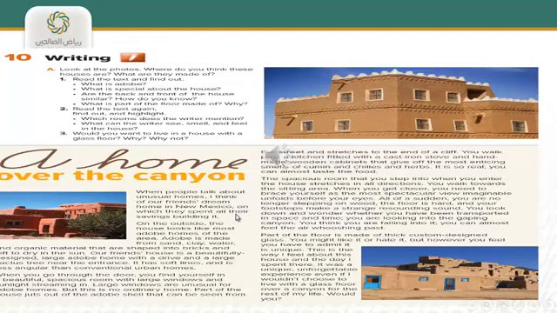Page 14. 10. Writing. A home over the canyon. When people talk about unusual homes, I think of our friend's dream home in New Mexico, on which they spent all their savings building. On the outside, the house looks like most adobe homes of the area.